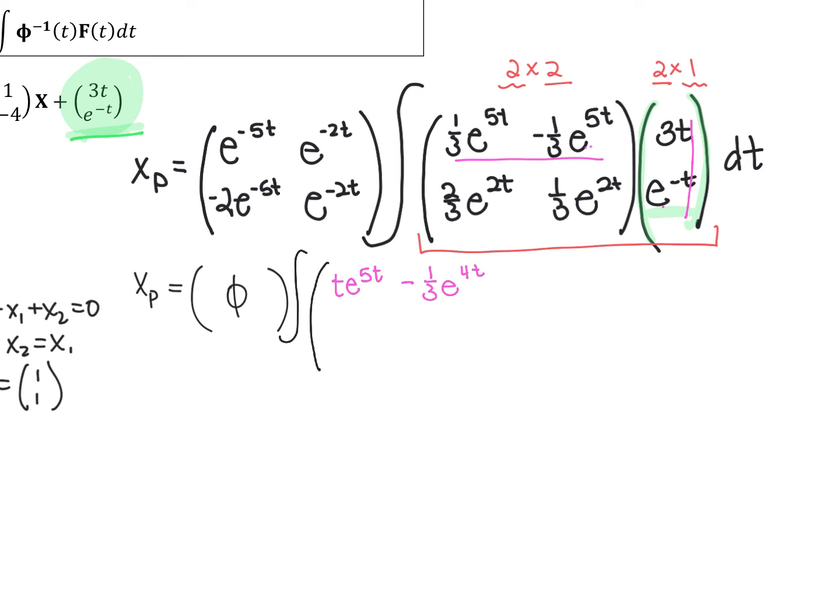There is my first row. My next row, I'm going to multiply by the columns. So we get 2/3 e^(2t) times 3t, which gives me 2t e^(2t), plus 1/3 e^t.